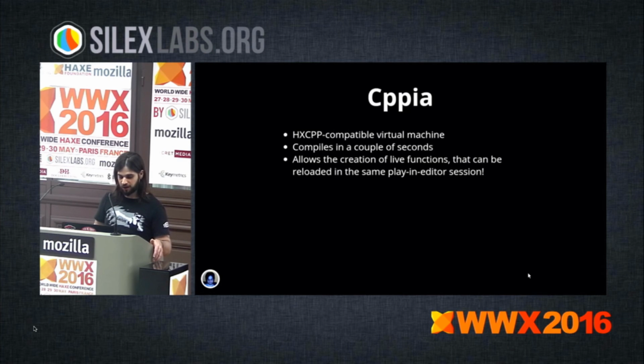We already support that for Haxe, and we support that for Cppia as well, so you can just compile Cppia separately without having to compile the whole thing, and just press play and see your changes.